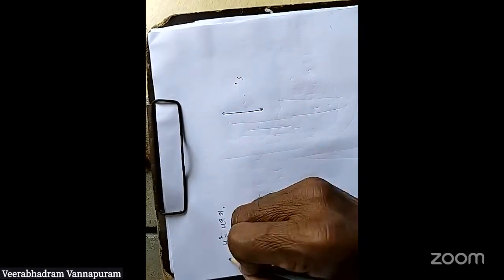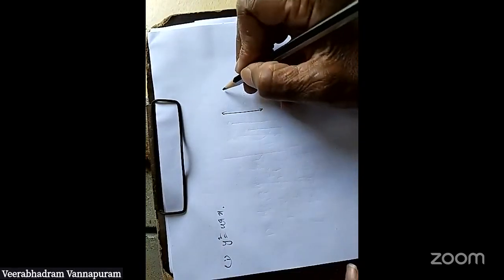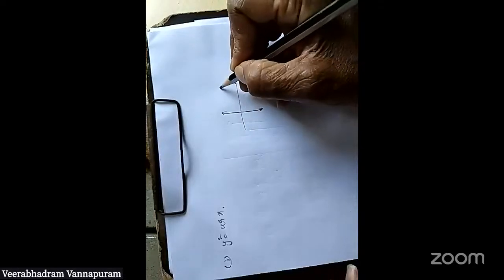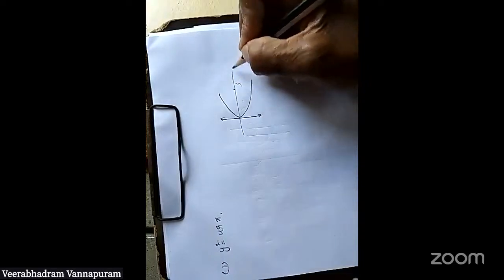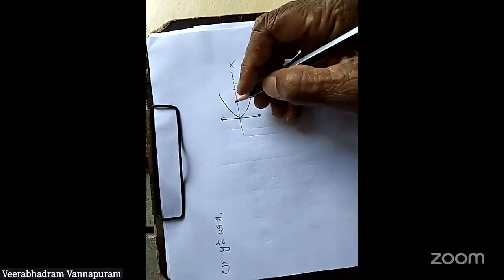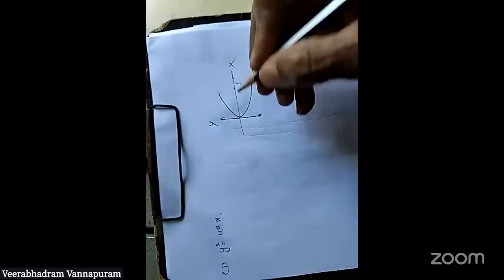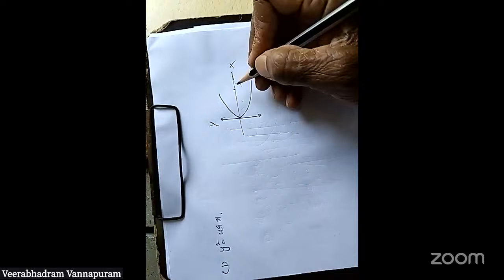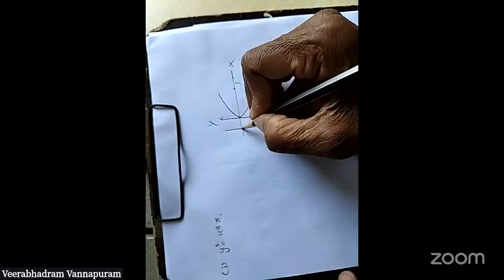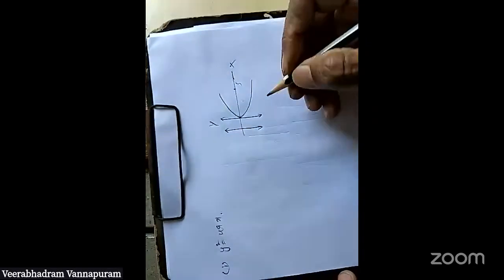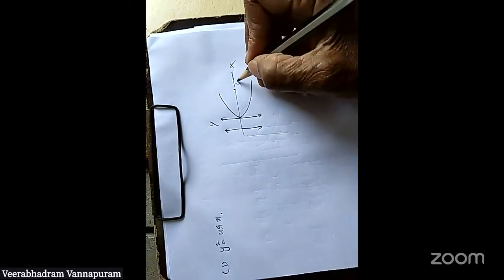So for this one, the diagram is: this is the x-axis, this is the y-axis, and this is the directrix. In this case, the focus is a comma 0.